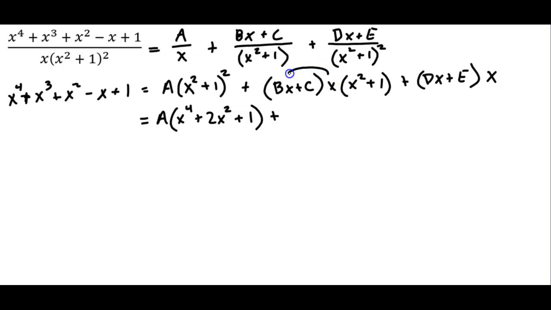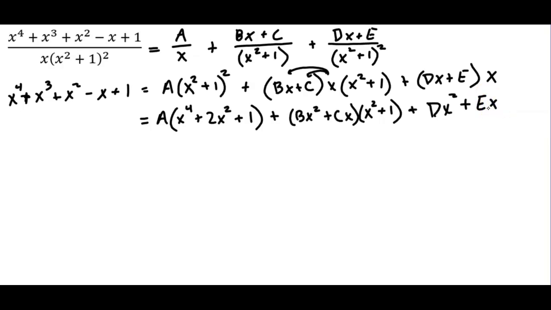So I'll have Bx squared plus Cx times x squared plus 1. So we'll still have to multiply that out. And then at the end, we can distribute the x. So Dx squared plus Ex.